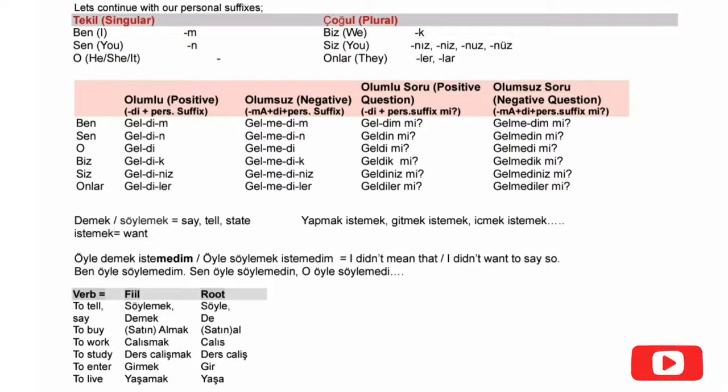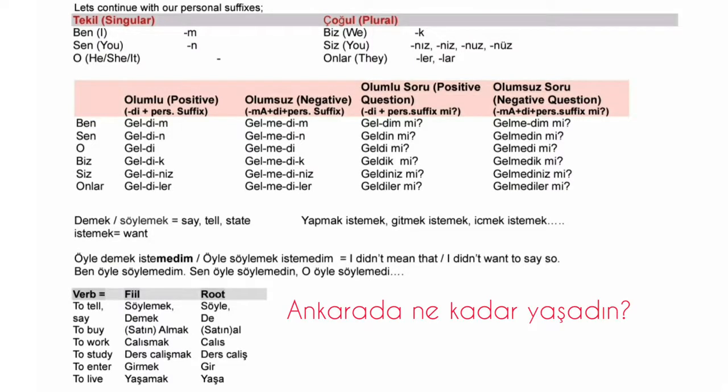Okay, another verb can be to live, yaşamak. And our root here is yaşa. For example, we can ask, Ankara'da ne kadar yaşadın? How long have you lived in Ankara? Perhaps we can do the positive version of this verb together.